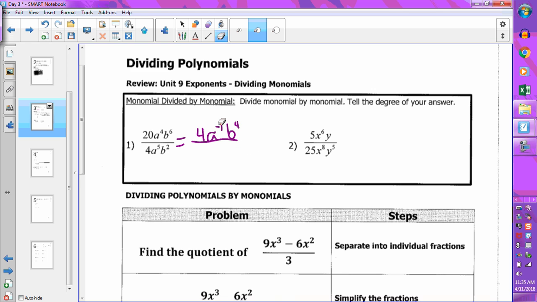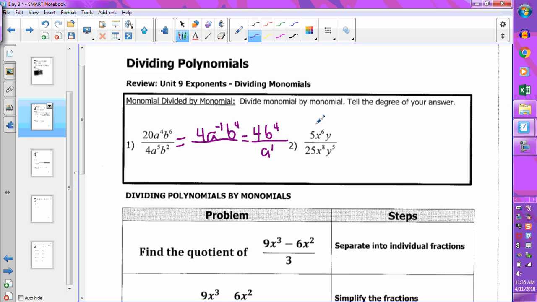So what did we do? If you guys remember from the last unit, we have to take the reciprocal of your negative exponent. That means we have to put it on the bottom. Anytime that you have a negative exponent, it would be rewritten such as 4a to the 1st degree and b to the 4th degree.